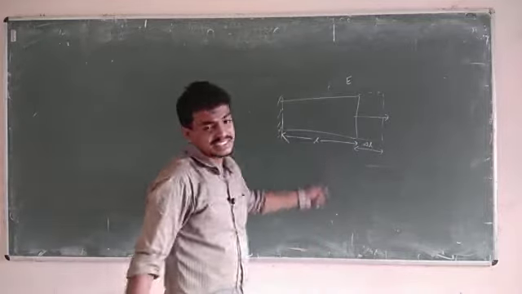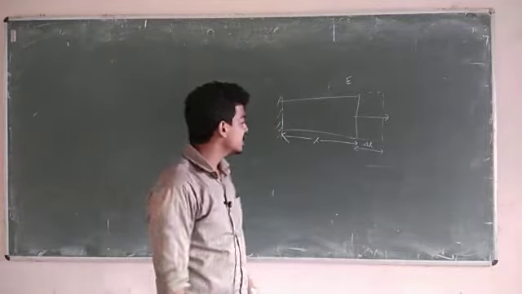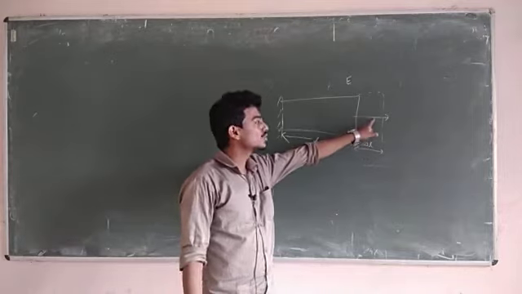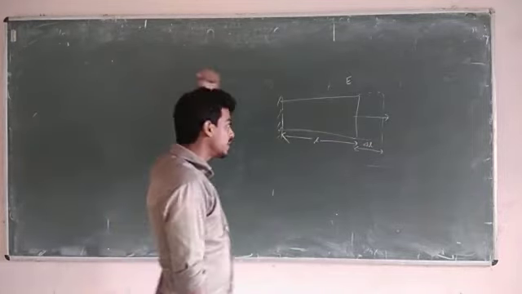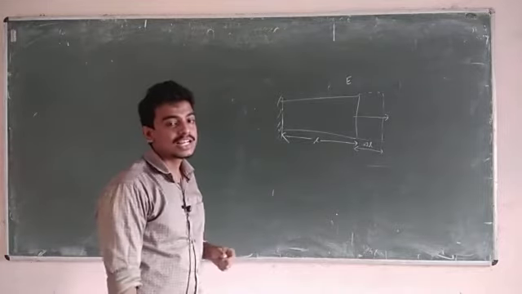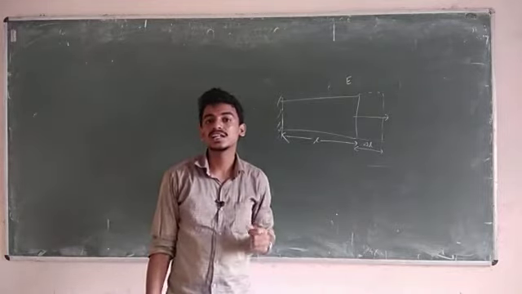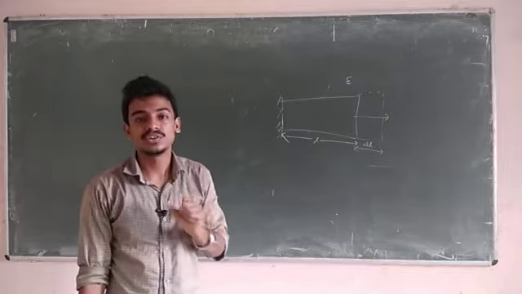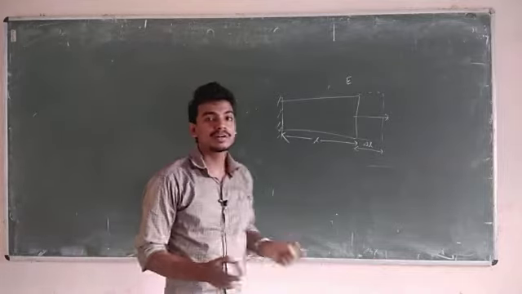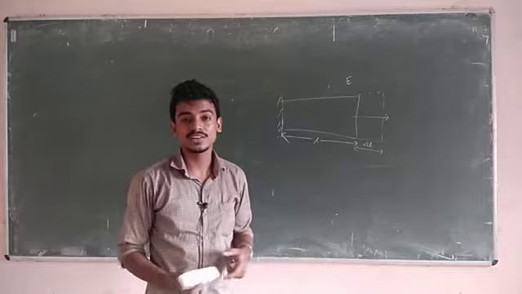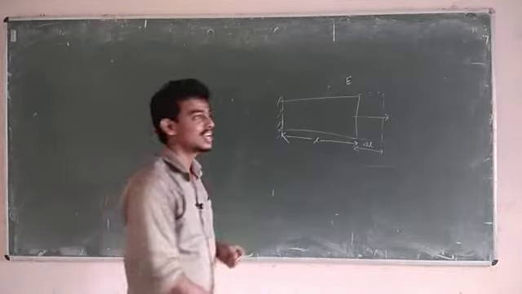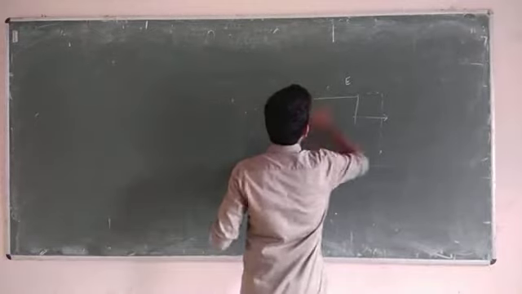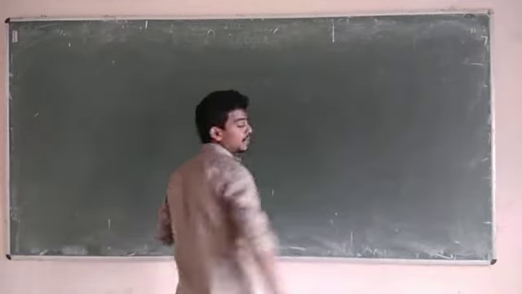You can see in this case, you have calculated the elongation due to the load given. Due to one load, P load, is given, but in the second case, we will calculate the elongation of a bar due to its self weight. Okay, the bar's own weight, there must be some self weight. So due to the self weight, what is the elongation? That we will calculate in this lecture.